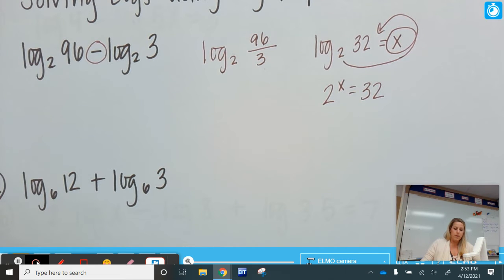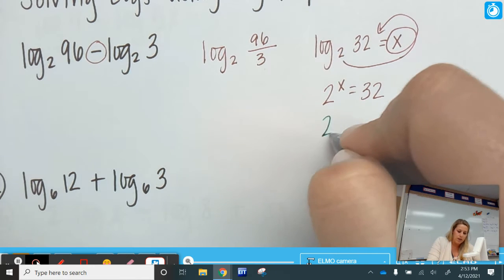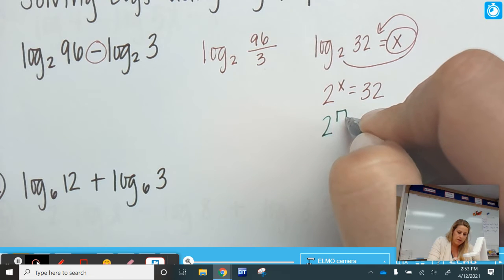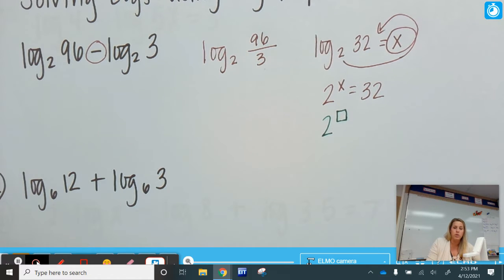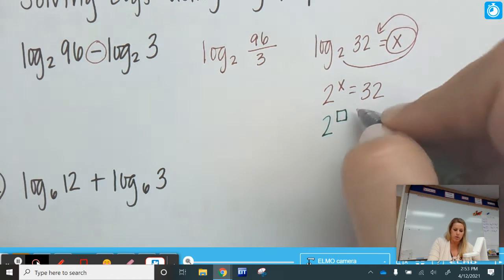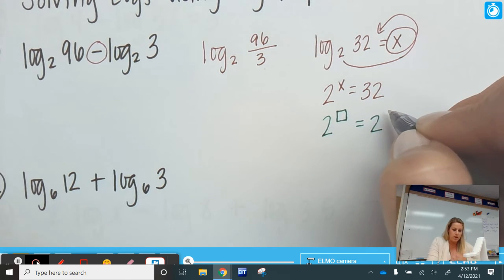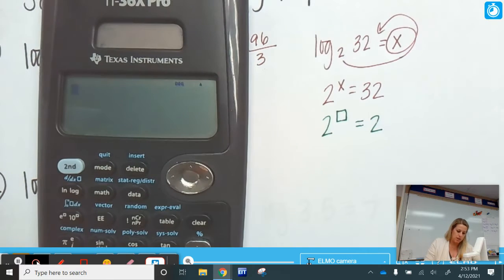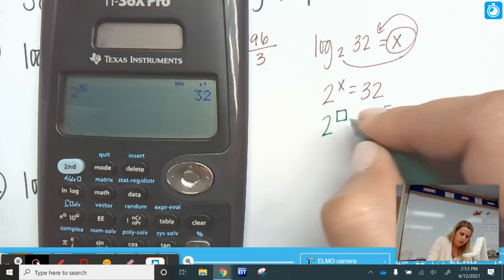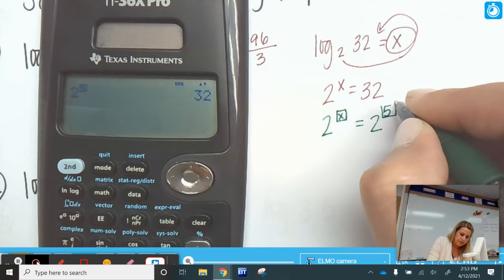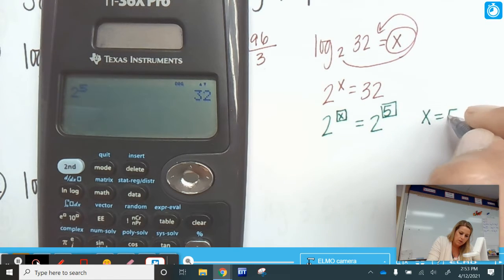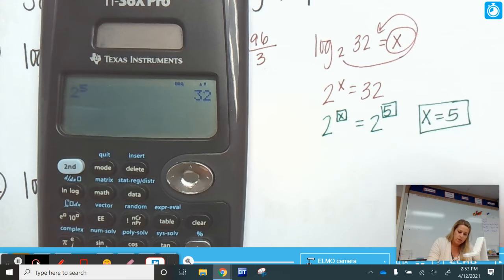So we can figure out 2 raised to what power equals 32. I think it's 2 to the 5th power. Yes, 2 to the 5th power. So if that's x and this is 5, then x is going to equal 5.